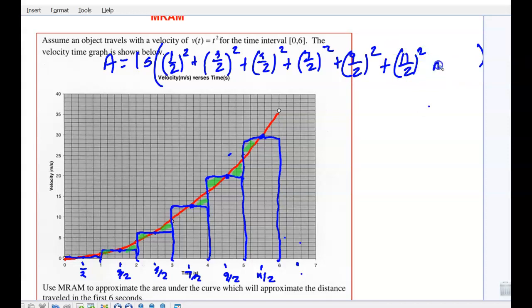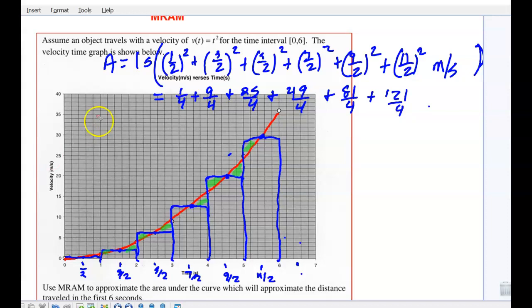And again, these are all in meters per second, okay? So now I am going to evaluate, so I'm going to get 1/4 plus 9 quarters plus 25 quarters, 49 quarters, 81 quarters, 121 quarters, and again, these are meters per second.